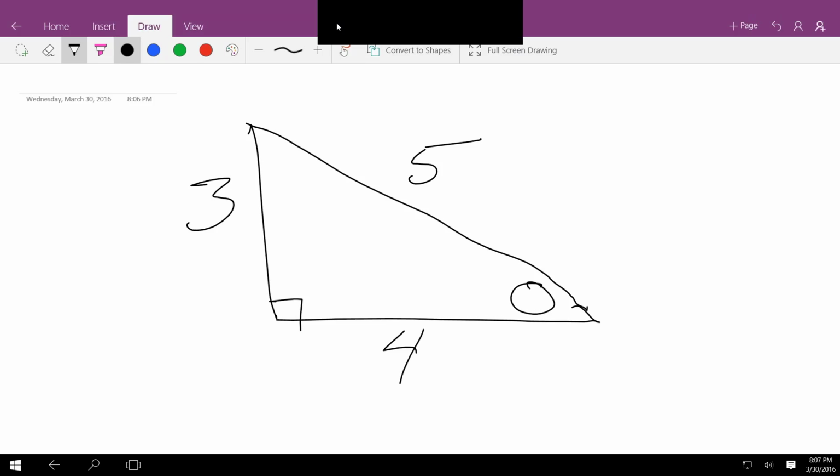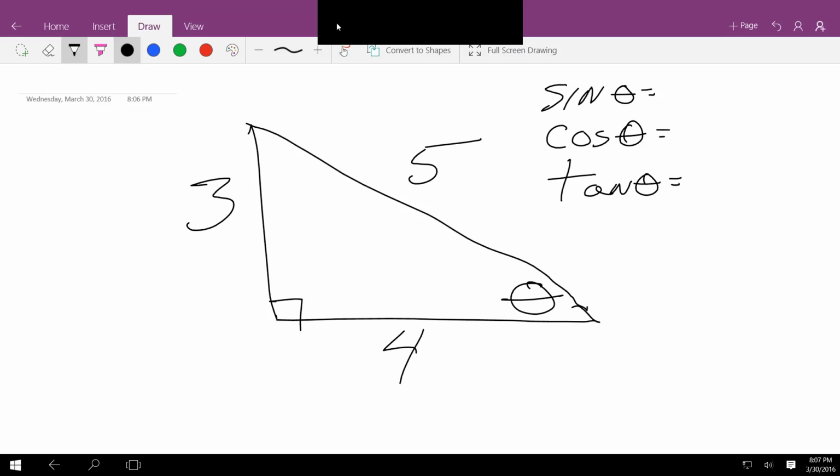Okay. So tell me what the sine of theta is. Sine of A. Sine of theta. We haven't really learned theta yet. Theta is just an angle. I could replace that with an A or an alpha or any other letter. But typically when you're dealing with geometry, you use Greek letters to represent angles.